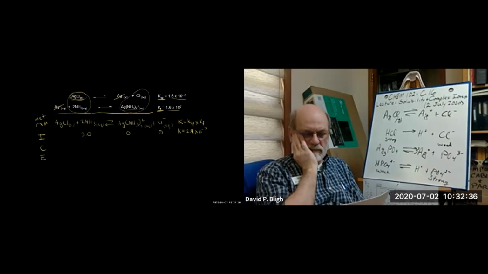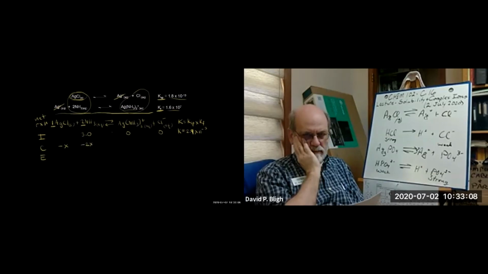So now we add our silver chloride to our solution of ammonia, and some of our silver chloride is going to dissolve. So we make that concentration x. We're losing a certain concentration of silver chloride, so we write minus x. Next, we look at our mole ratios. The mole ratio of solid silver chloride to ammonia is 1 to 2. So for every 1 mole of silver chloride that dissolves, we're also going to lose 2 moles of ammonia, so minus 2x.